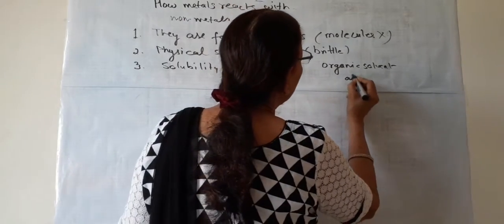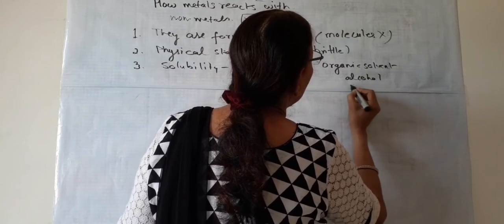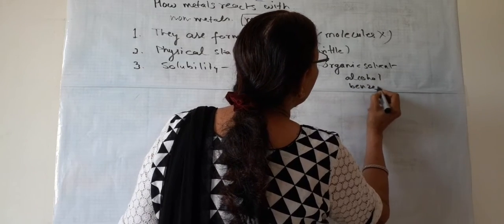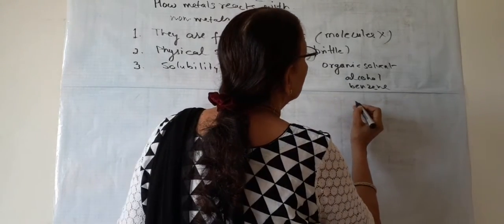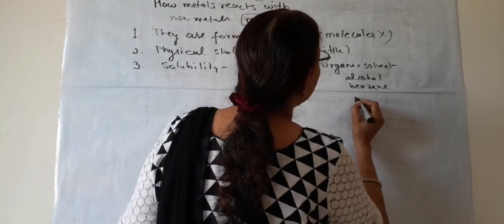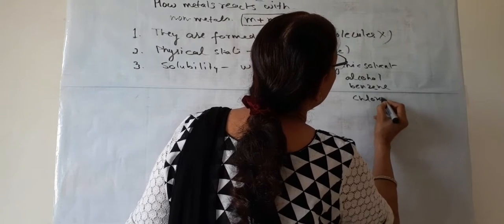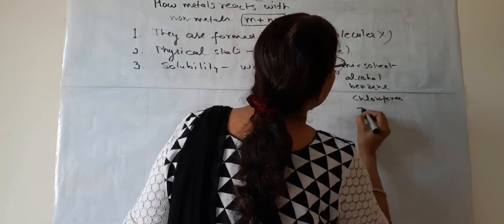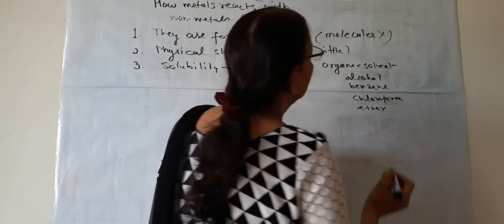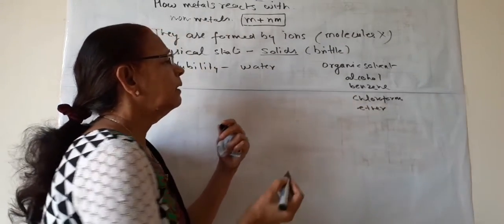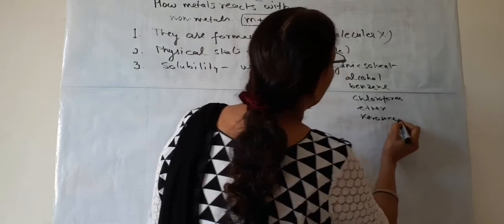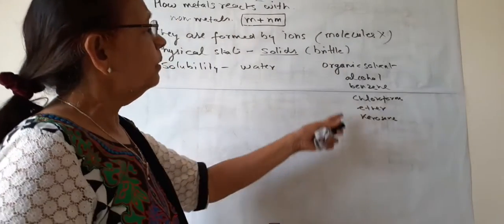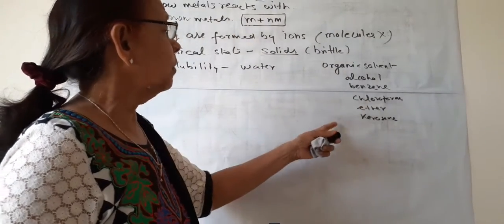Organic solvents, you know, may be alcohol, benzene, ethyl alcohol, methyl alcohol, chloroform, ether, petrol or kerosene, any petroleum product. So these are organic solvents.